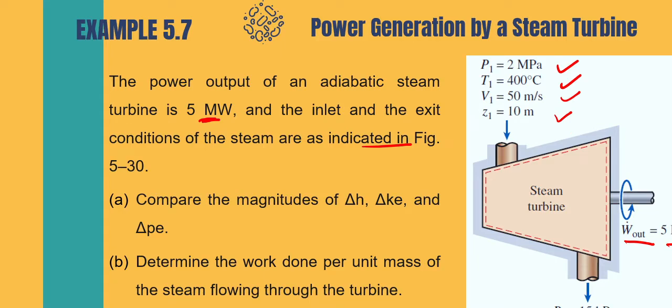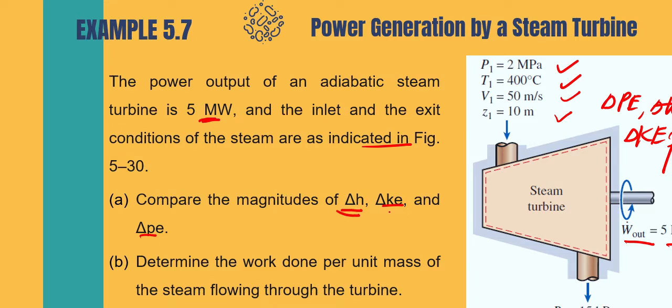You have a change in V and a change in Z, so obviously your potential energy and kinetic energy are not equal to 0. You need to calculate them. Now compare the magnitudes of delta h, delta KE, and delta PE. You need to compare the change in enthalpy, the change in kinetic energy, and the change in potential energy.